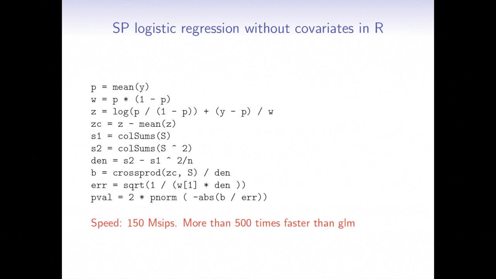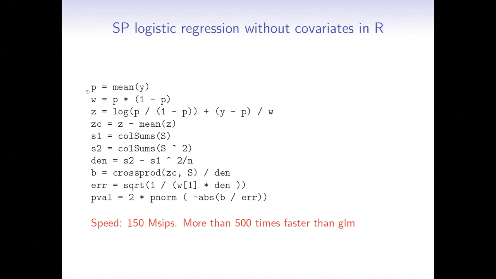So here I do that in R in a semi-parallel way. A lot of things stay the same as in linear regression. Here I am specifying the starting point for my probabilities, which is just the average because no covariates are involved.